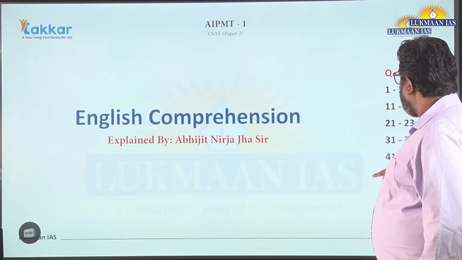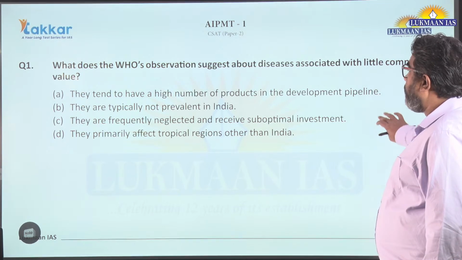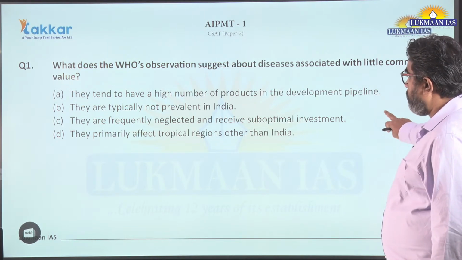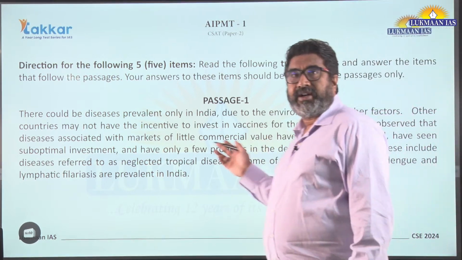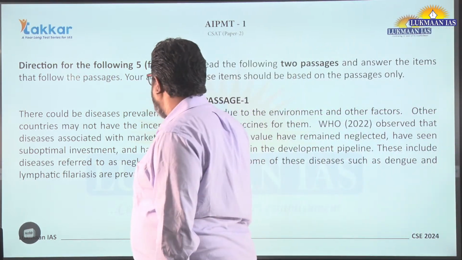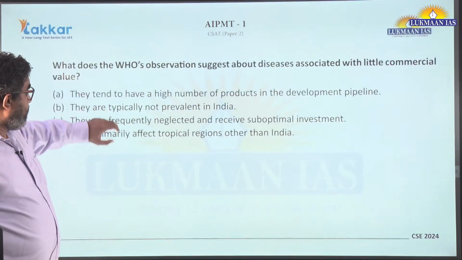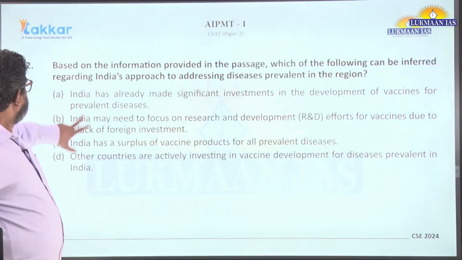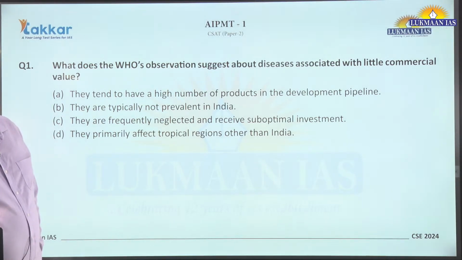Now, the first question. You must have read the passage, and if we go by the options, the first option is: they tend to have a high number of products in the developmental pipeline.